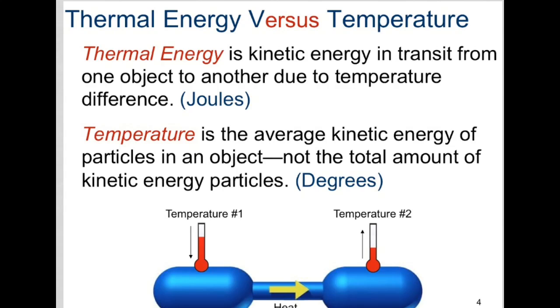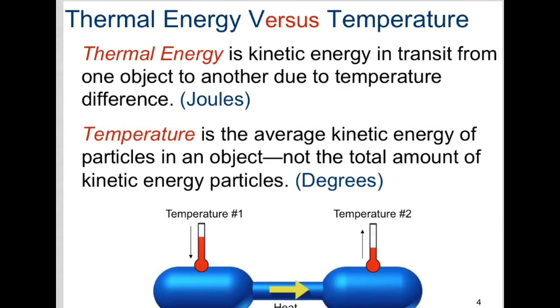Temperature, on the other hand, is the average kinetic energy of an object. So a really large object may have the same temperature as a really small object, but if they're the same temperature, the very large object has more thermal energy just because it has more particles, if they're the same density, moving around and bouncing around.